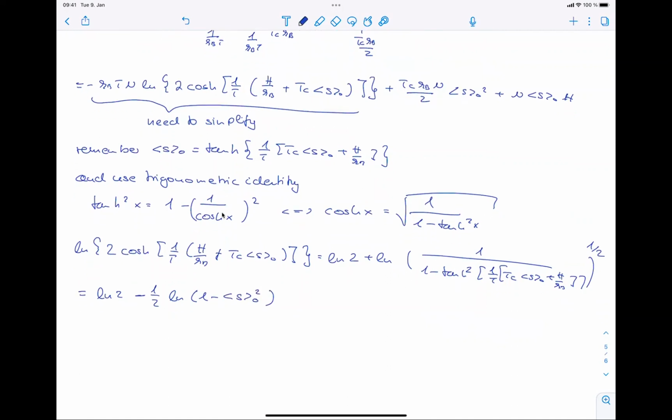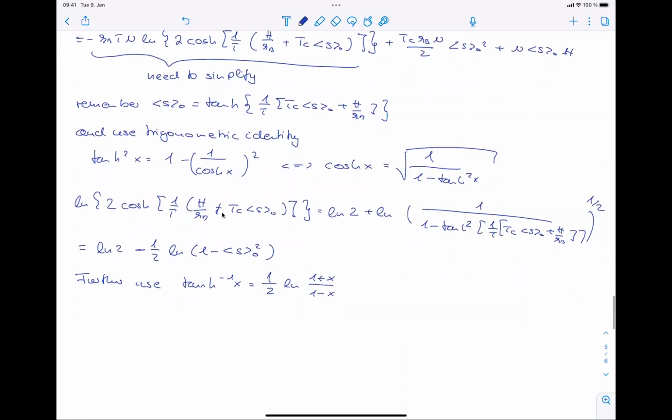Much simpler. And then we're going to further use that the inverse tanh is defined as half ln of 1 plus x over 1 minus x.